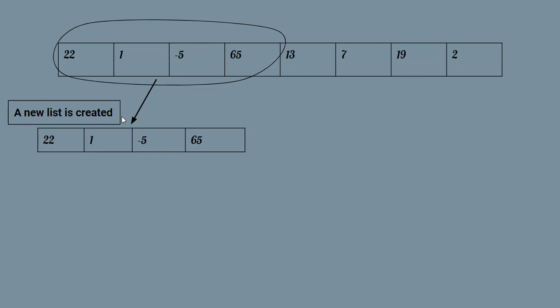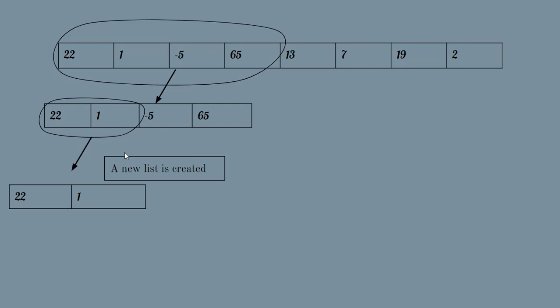Now, a new list is created, as you can see, from one half of the total list that was initially created. Now, this secondary list still doesn't have one-element lists.